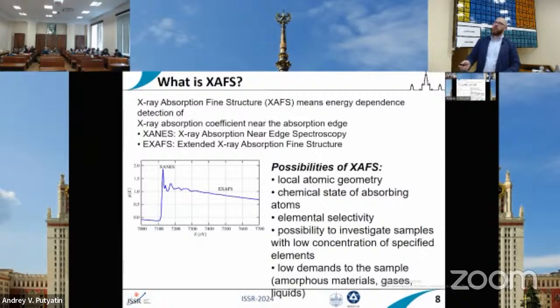So this is our edge of absorption, and XANES analysis has a very narrow range, something like 50 electron volts. And then there is the extended structure of this spectrum, and by analyzing this structure, we can also get some information. So that is called extended X-ray absorption fine structure spectroscopy.